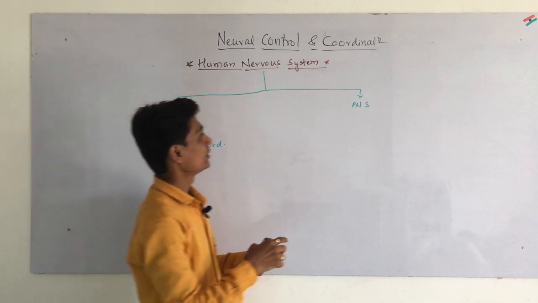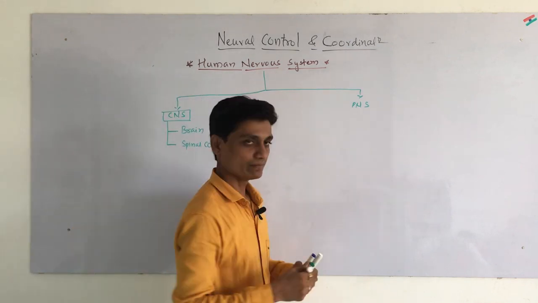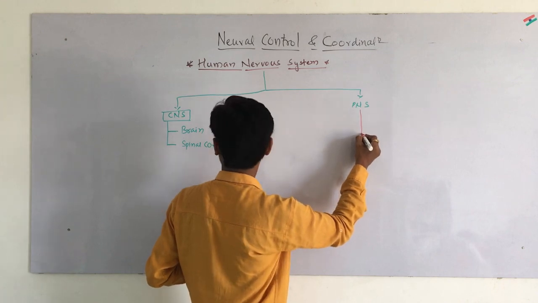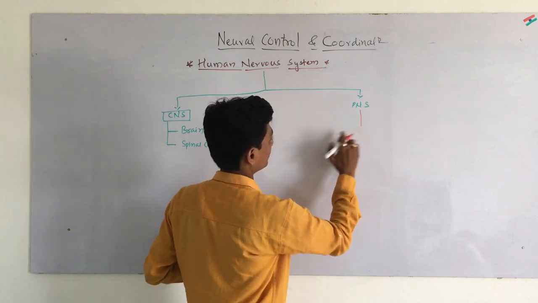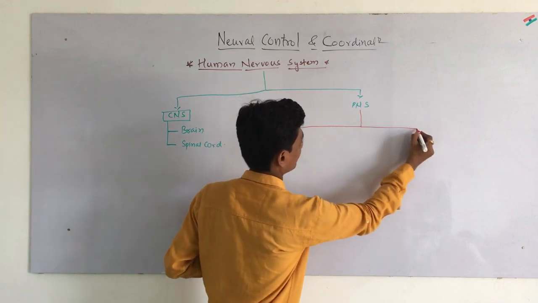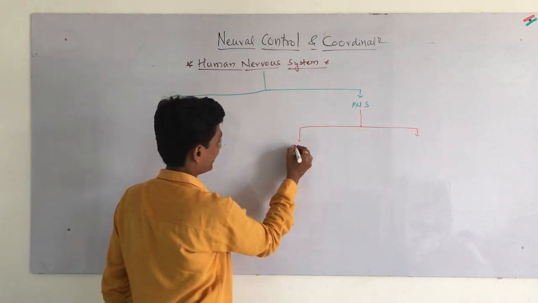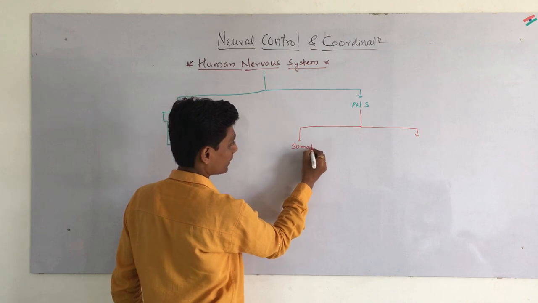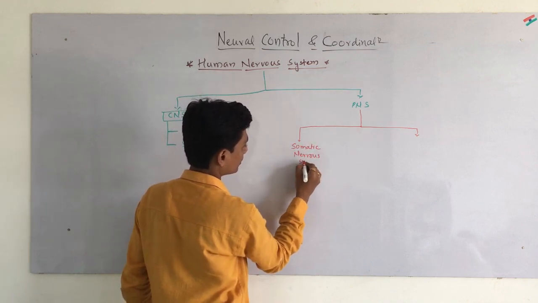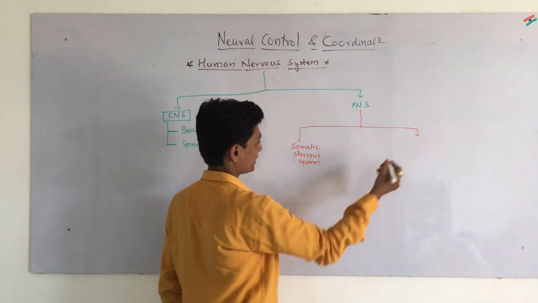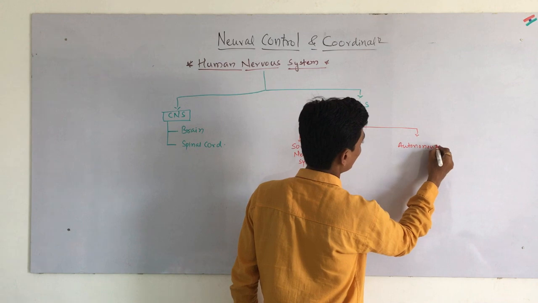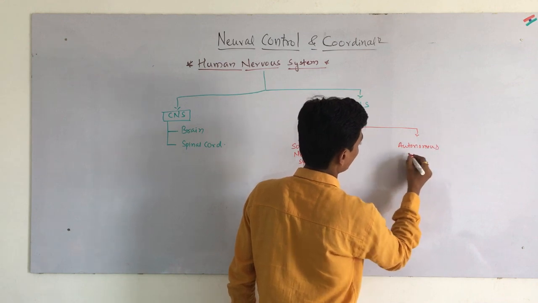The peripheral nervous system again has two parts: first the somatic nervous system, and second the autonomous nervous system.